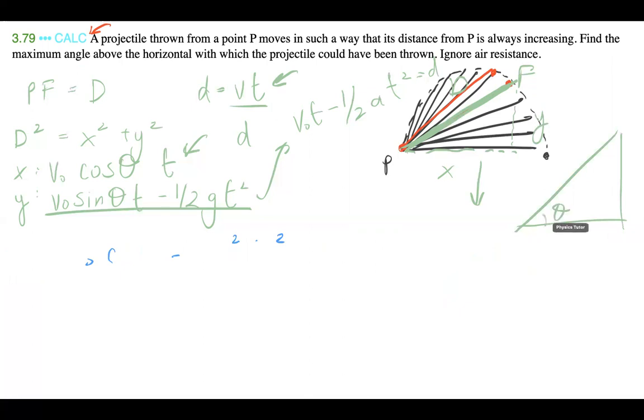This theta, and this is x, and this is y, and this is d. I'm going to rewrite d squared as x squared and y squared.